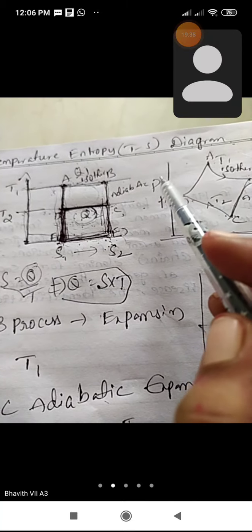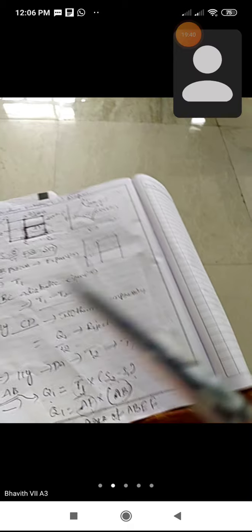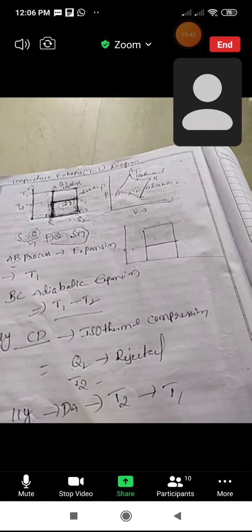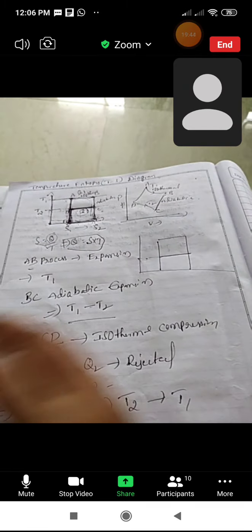By using the graph we can find the efficiency of a system. Understood? By using this graph only, we can calculate the efficiency of a system. That is the importance of the TS diagram. Did you understand?